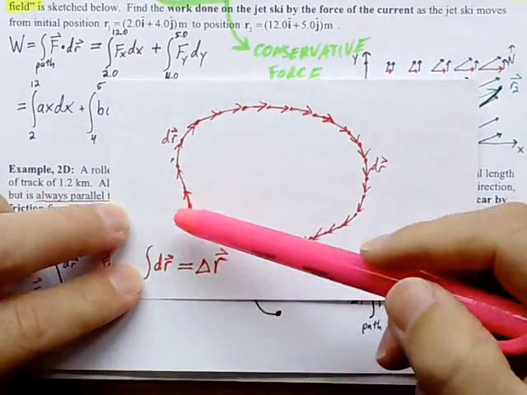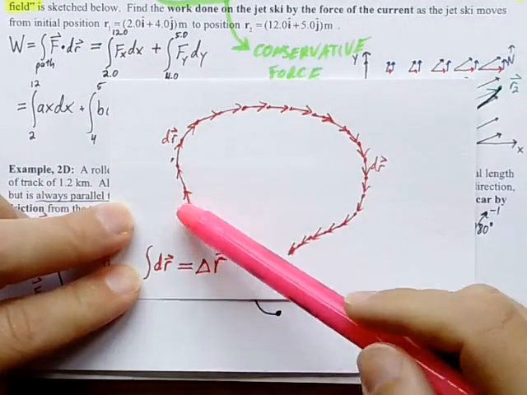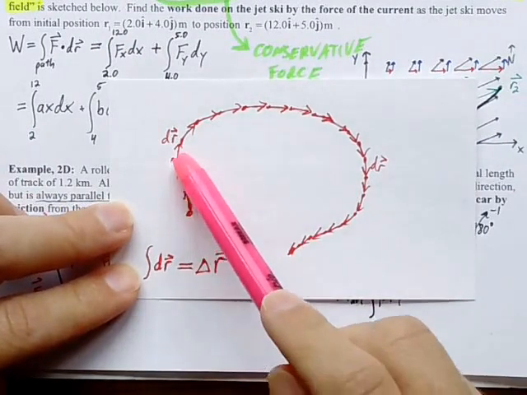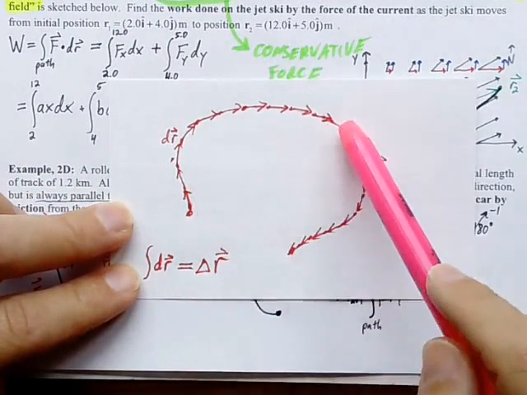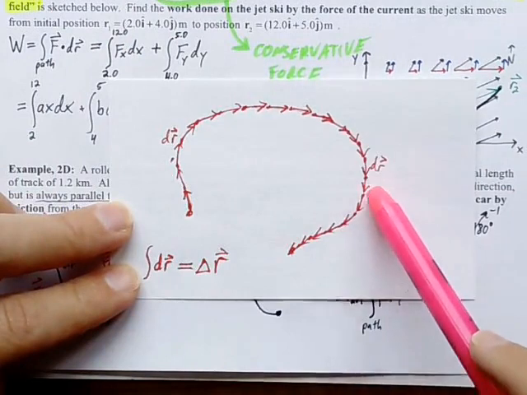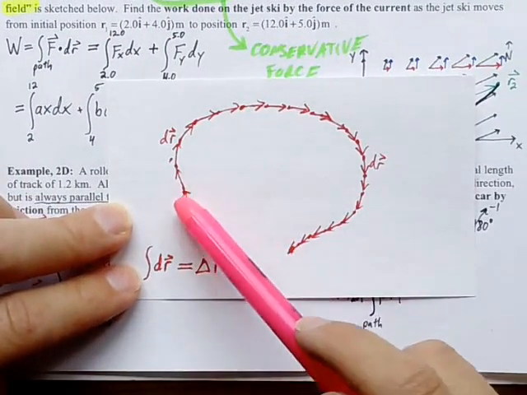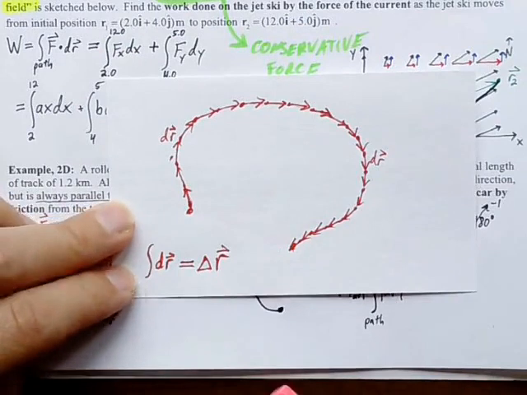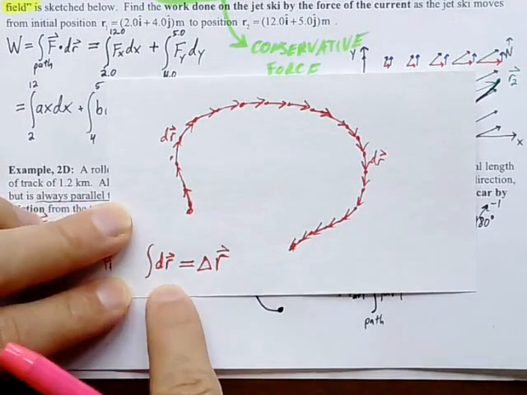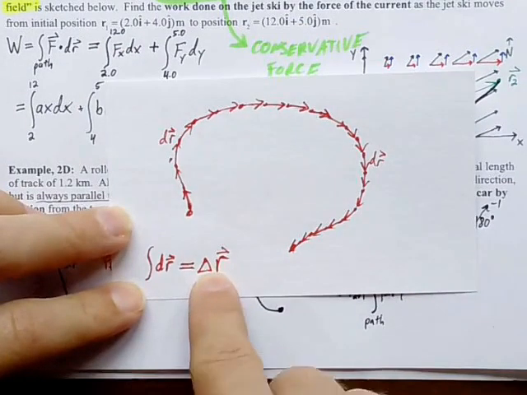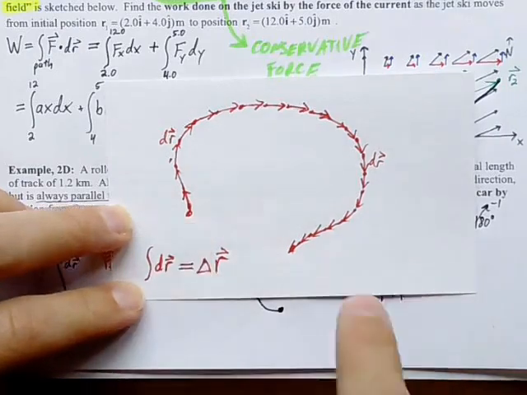Here I have some path starting here and ending there, and I've drawn along that path a whole bunch of little displacement vectors, dr's, all sort of lined up one after another, all pointing locally tangent to the path, and the sum of all those little displacement vectors, the integral of all the little dr's, is going to give us the delta r from the beginning to the end.